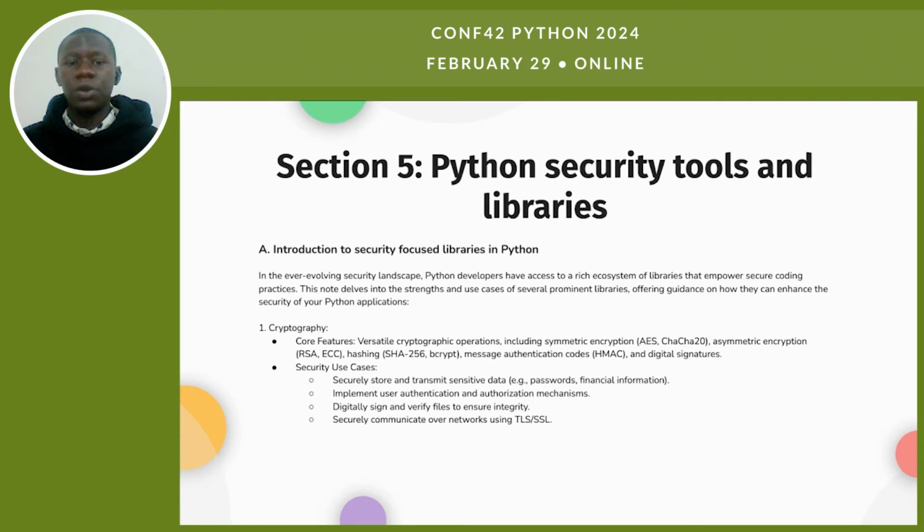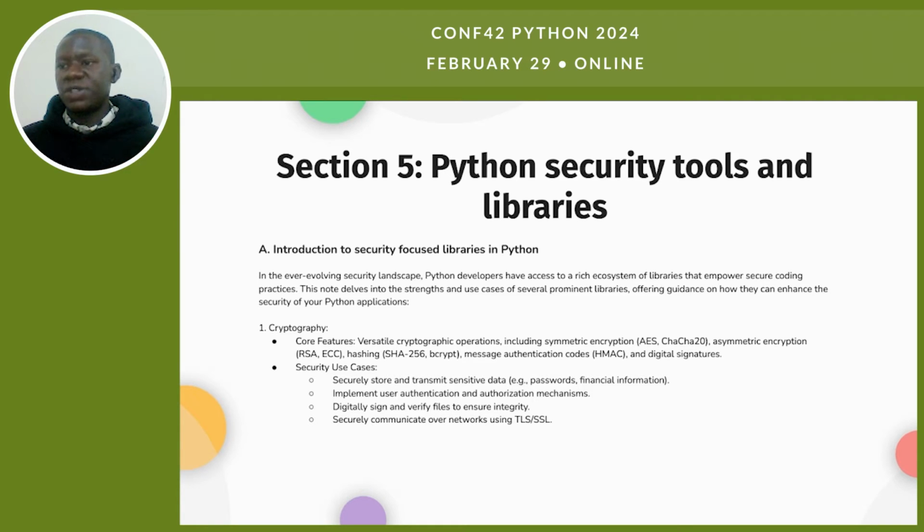So number one, we have cryptography. Core features include versatility in cryptographic operations, including symmetric encryption (AES, SHA-2), asymmetric encryption (RSA, ECC), hashing (also SHA-256 and bcrypt), and message authentication codes. We have HMAC and digital signatures.